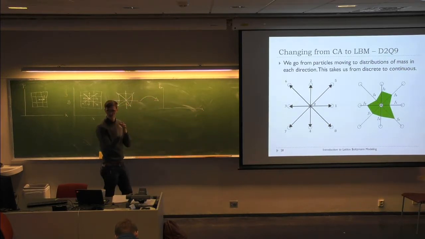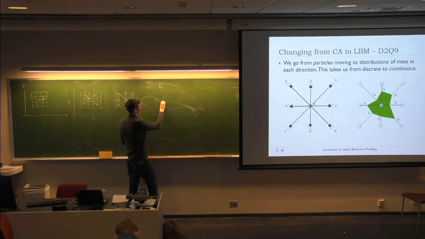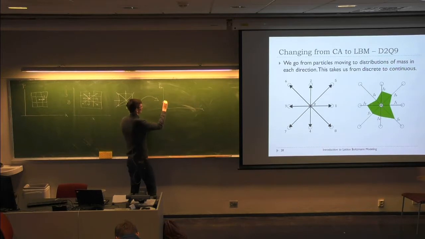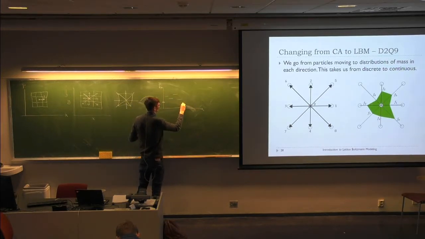So as a function of the direction, maybe we have this distribution for the points that have no velocity or no direction. And then we get something like this.